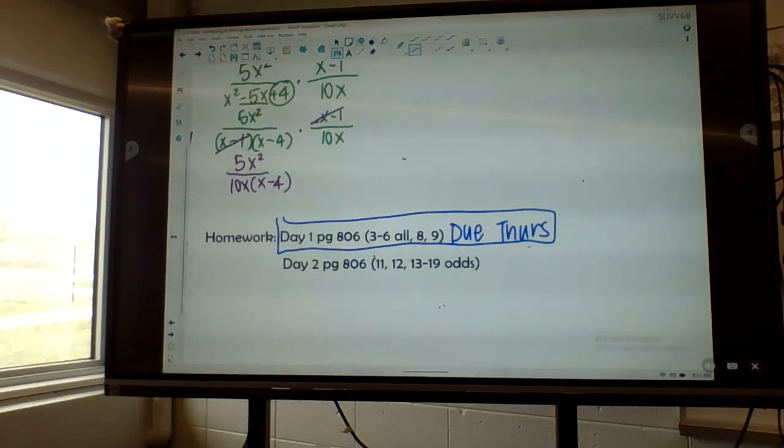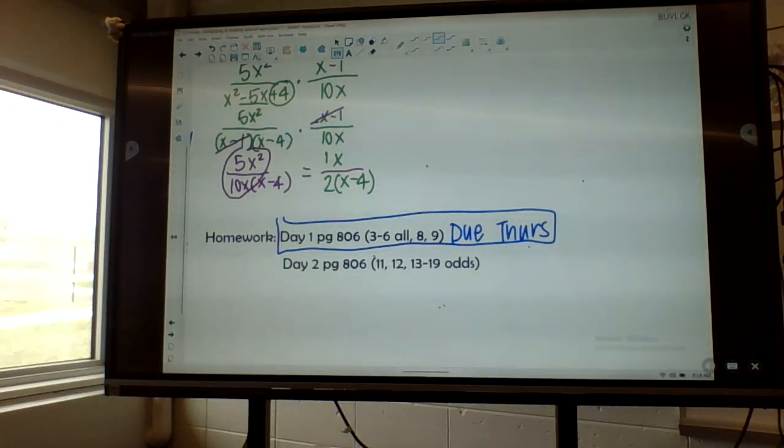But now hopefully you're realizing that there's some simplifying we can do with this part. So 5 over 10 is going to be 1/2. There's more x's on the top than on the bottom. There's going to be one more. And then this x minus 4 is going to have to stay on the bottom. And we can cancel those x's again because the x has a 4 being subtracted from it.